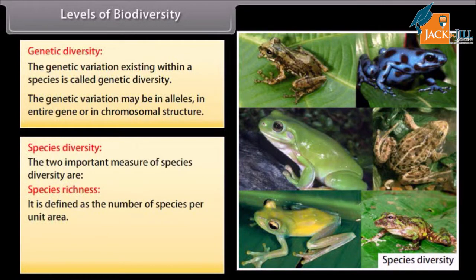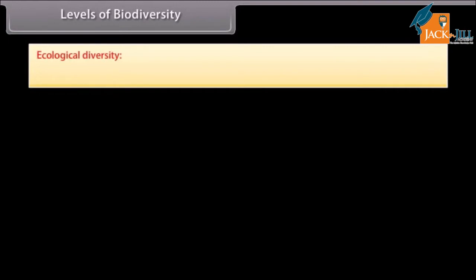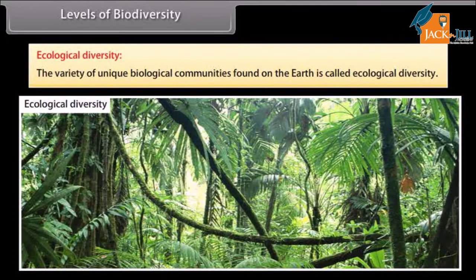It is defined as the number of species per unit area. Species evenness. It refers to the relative abundance with which each species is represented in an area. Ecological diversity. The variety of unique biological communities found on the earth is called ecological diversity.